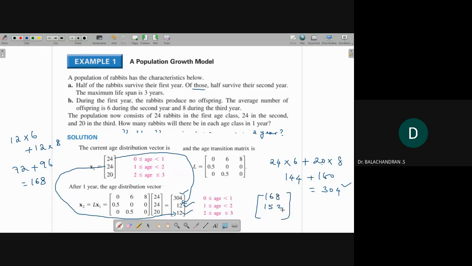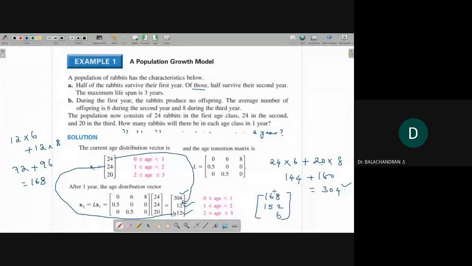and 152 comes because I told that of those half survive that second year. So out of 304, half of them survive the next year, 152. So next, out of this 12, half of them survive in the next year, that is 6.